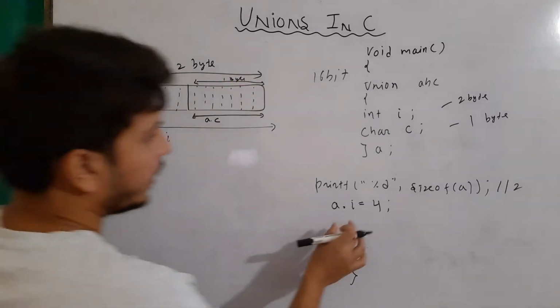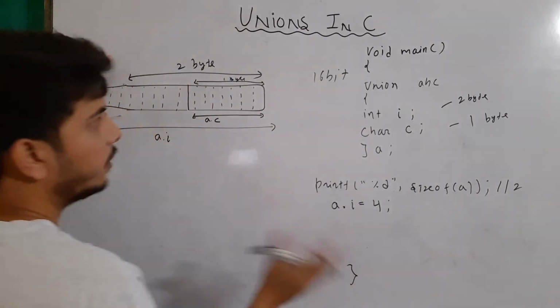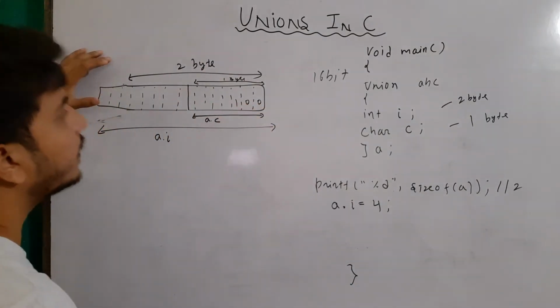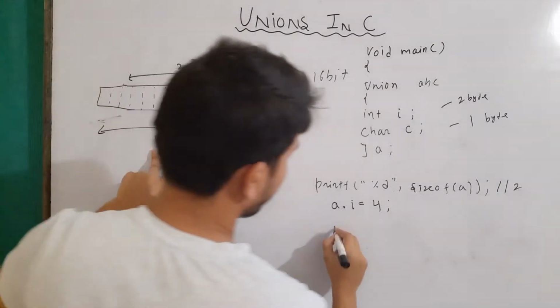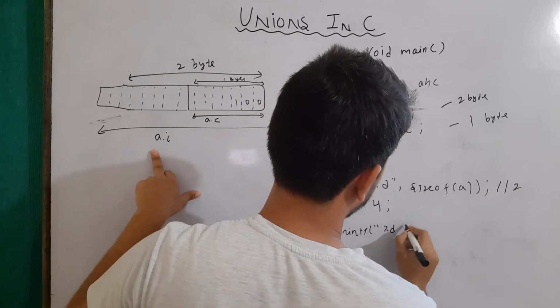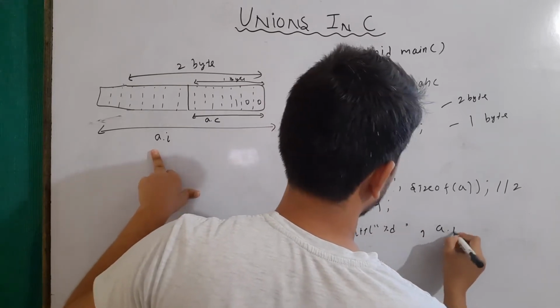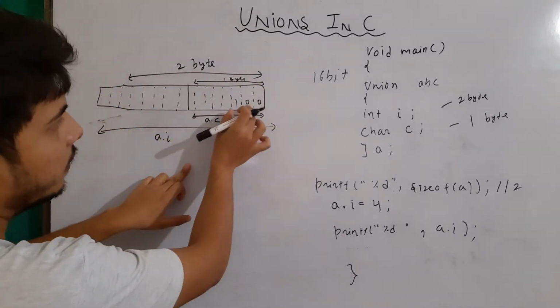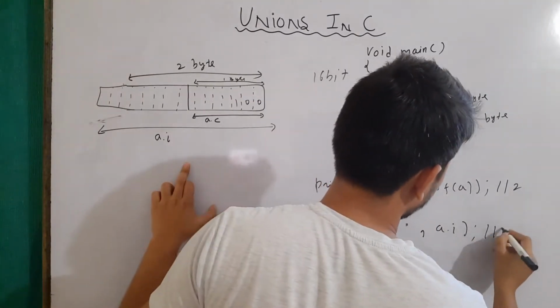So I am writing here a.i equals 4 and the binary equivalent of 4 will be 0 0 and 1, right? Now if I write printf %d and then a.i, the decimal equivalent of these 2 bytes will be 4, so this will give me output as 4.